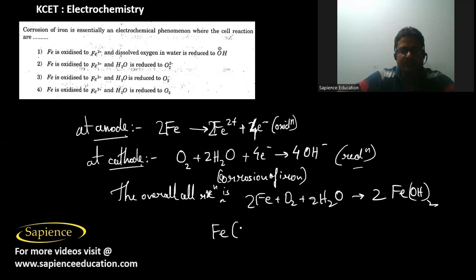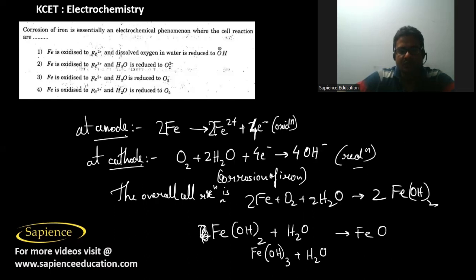And then ferrous hydroxide will lose a water molecule to form ferrous oxide, and Fe2+ ions can be further oxidized to Fe3+ ions, means ferric hydroxide, which will lose water to form Fe2O3.